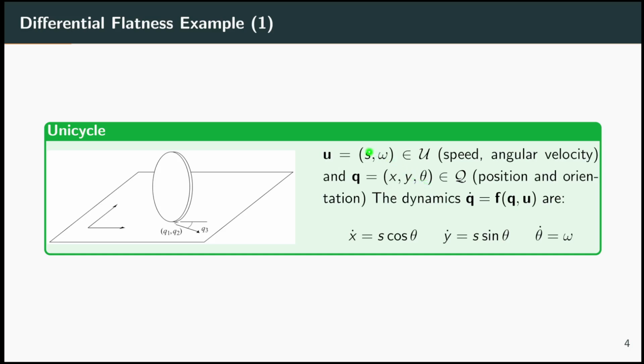You can control it by directly changing the speed or the angular velocity. The dynamics function q dot is defined by these equations: the speed times the cosine of theta, the speed times the sine of theta, and theta dot is already the angular velocity.